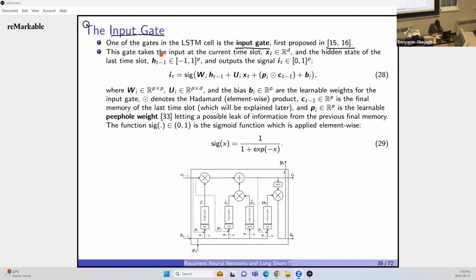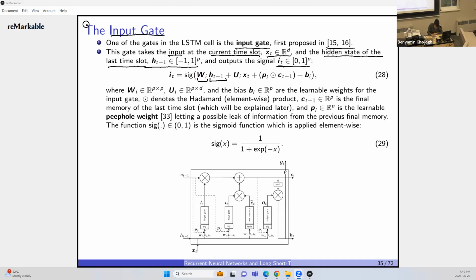This gate, what does it do? It takes the input at the current time slot, x_t, and the hidden state of the last time slot, h_{t-1}. It takes these two and outputs the signal i_t, which is a p-dimensional vector, and it is this. So I have W_i h_{t-1}.